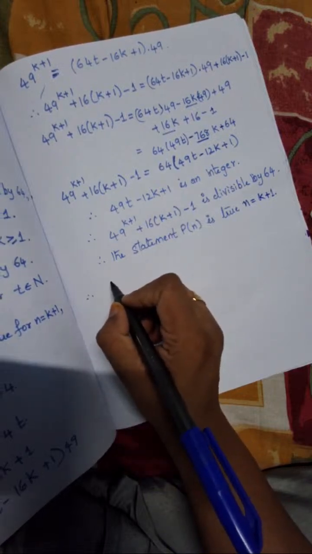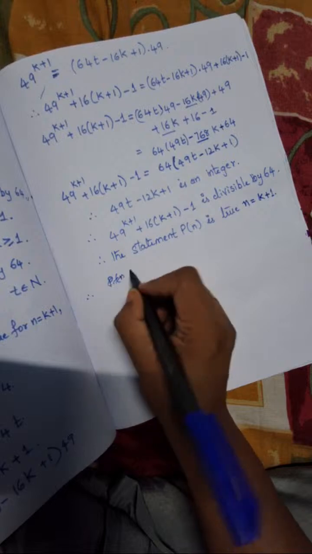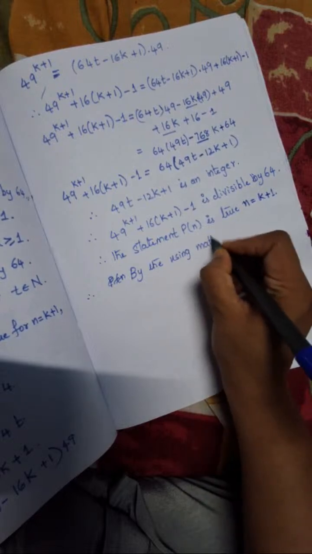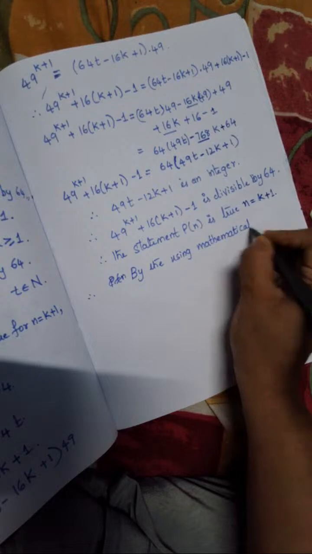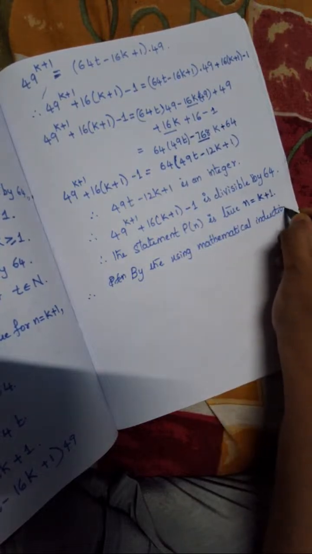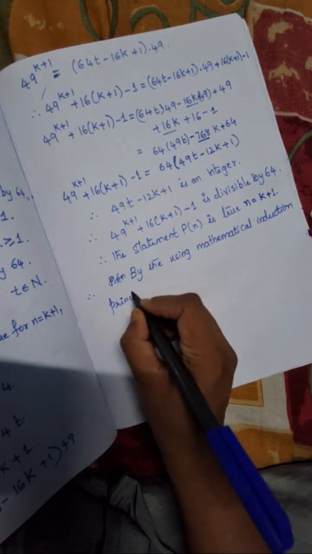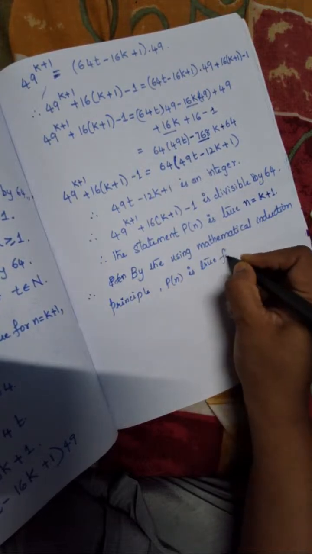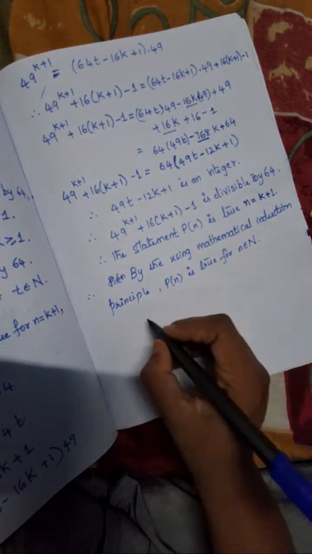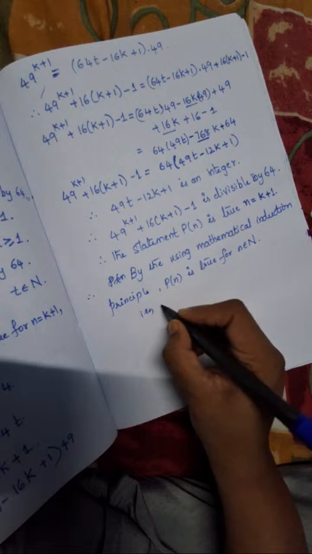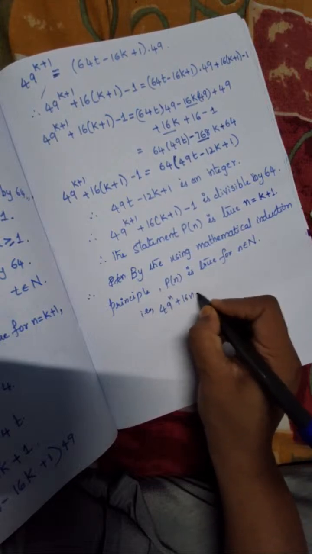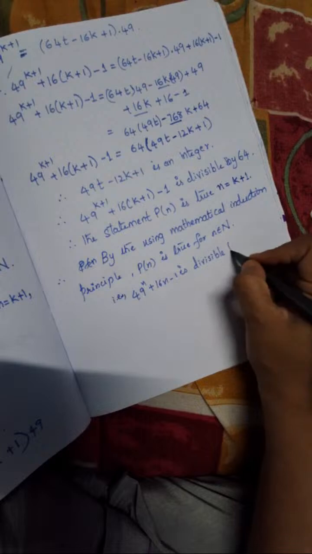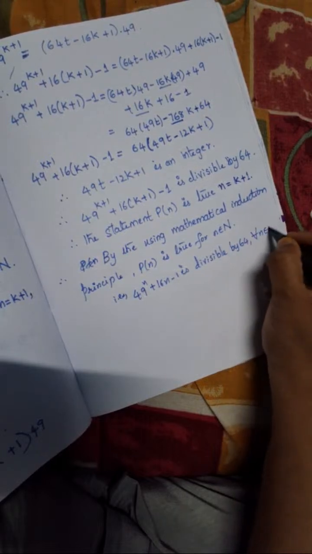Therefore, in the last step we have to write: by using the mathematical induction principle, P of n is true for n belongs to N. That is, 49 power n plus 16n minus 1 is divisible by 64 for all n belongs to N, children.